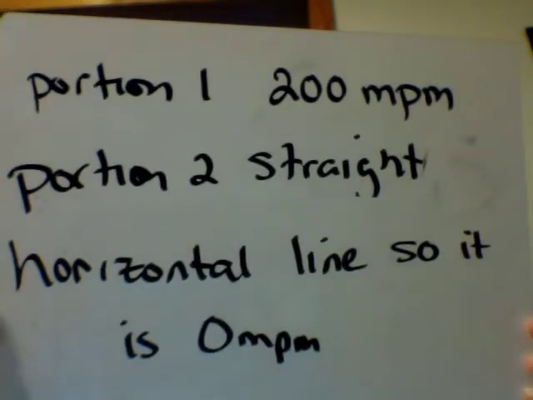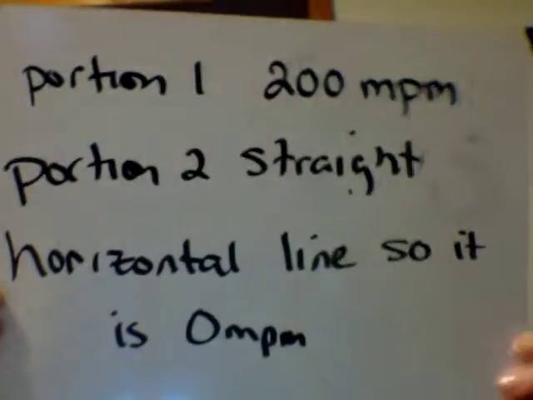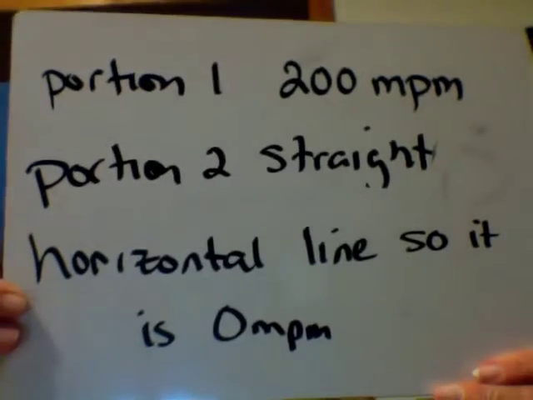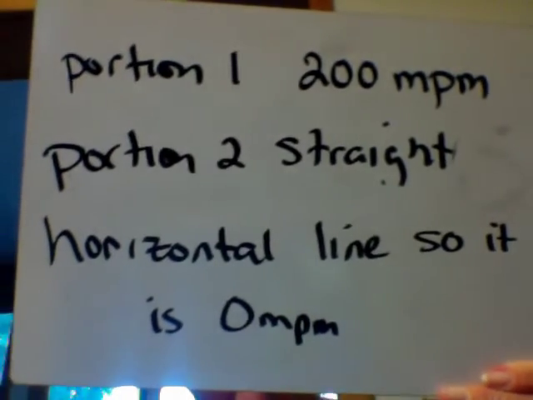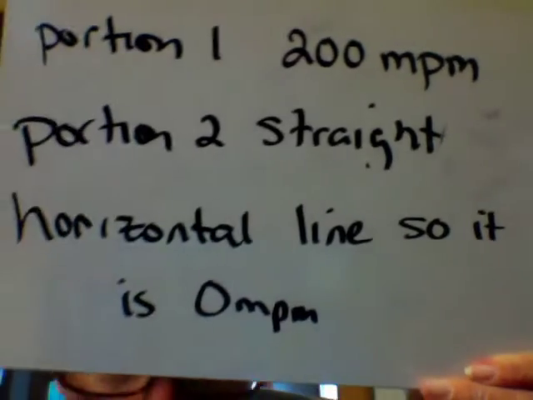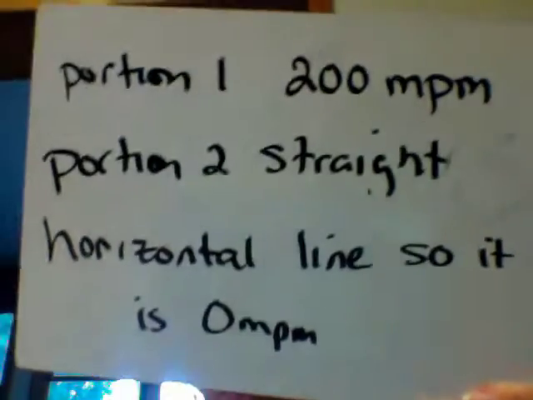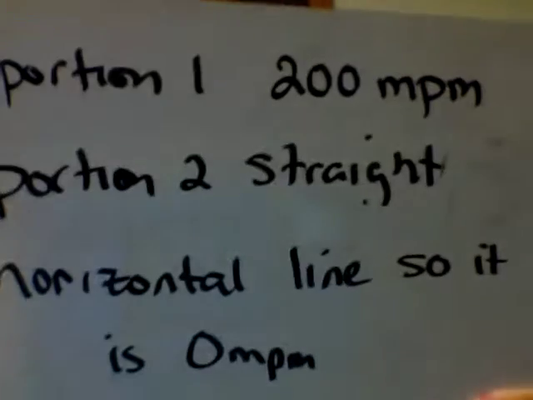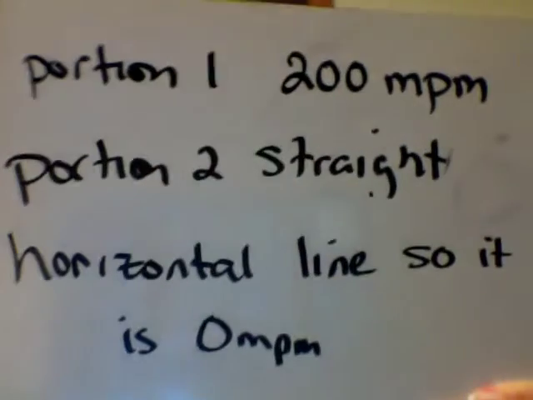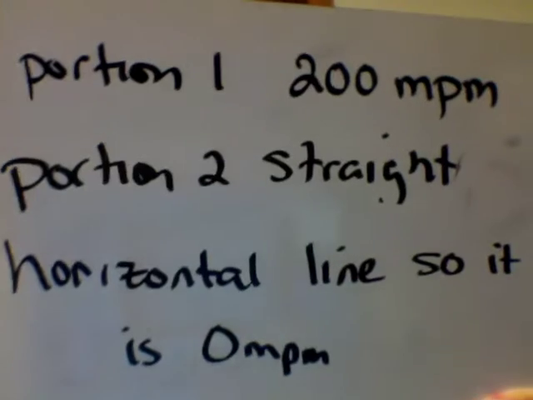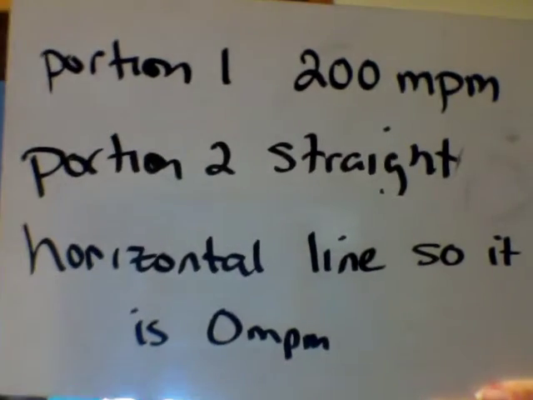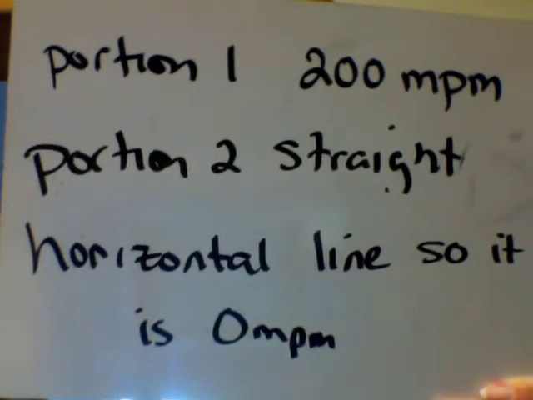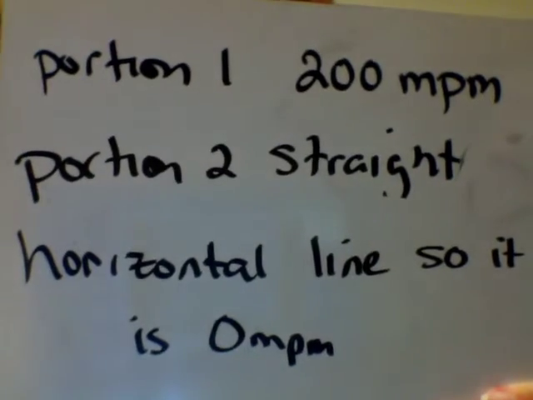Portion 2 is a straight horizontal line, so that speed has got to be 0, because remember, a horizontal straight line has a slope of 0, which corresponds to your speed. It shows that she didn't actually go anywhere. She must have stopped to talk to somebody. So portion 1 is 200 meters per minute. Portion 2 is 0 meters per minute.